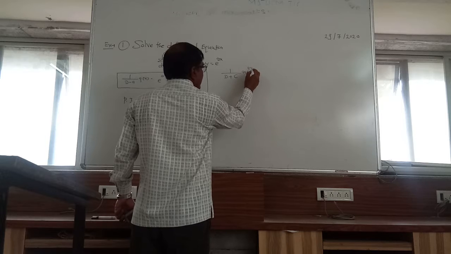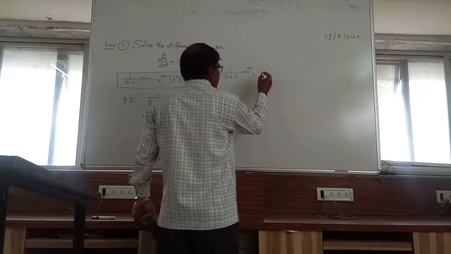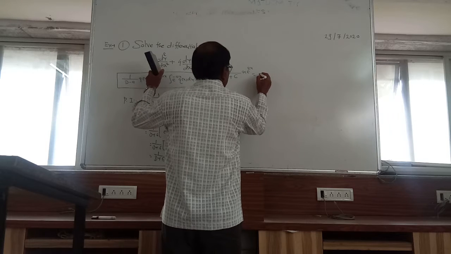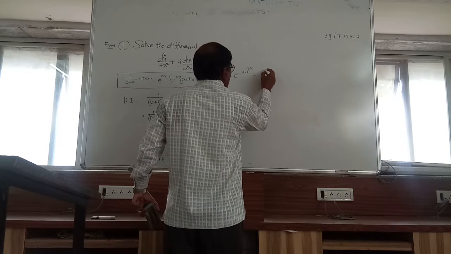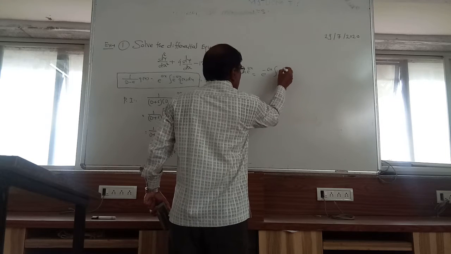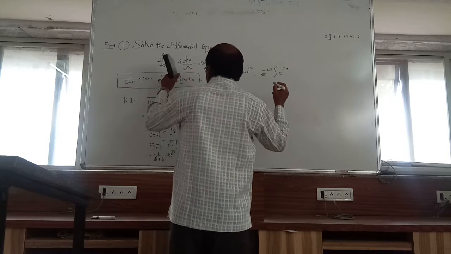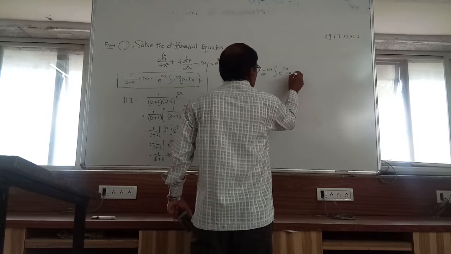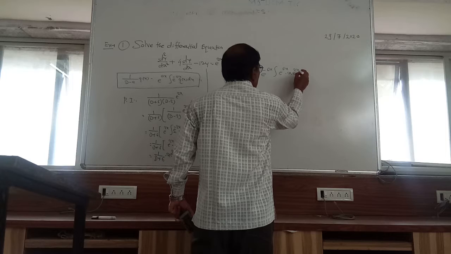Here a is minus 6, so we get e raised to minus 6x times the integration of e raised to 6x into x e raised to 2x dx.